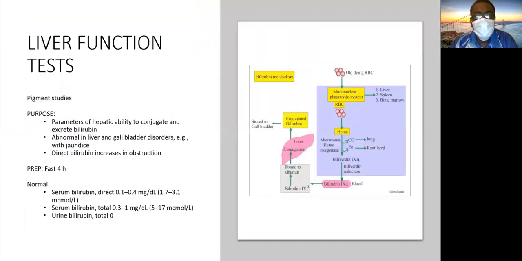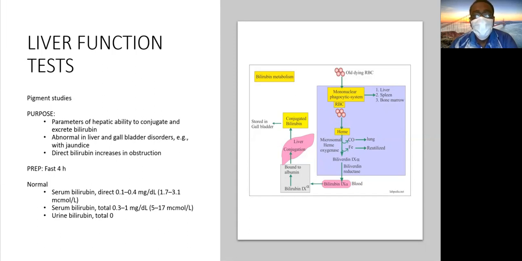Okay, so the first test we'll be looking at will be our pigment studies. With your pigment studies, you evaluate the parameters of hepatic ability to conjugate and excrete bilirubin. Remember, bilirubin forms after red blood cells are broken down, which then travels to the liver, gallbladder, and digestive tract before being excreted.